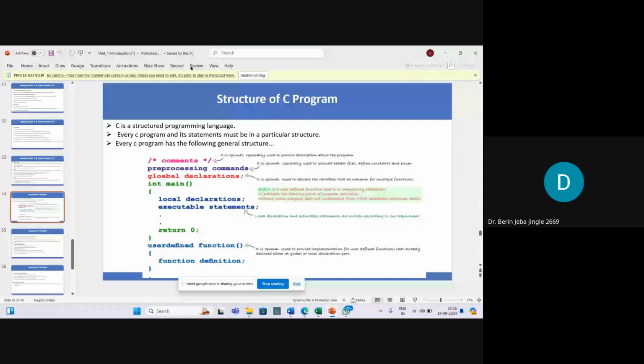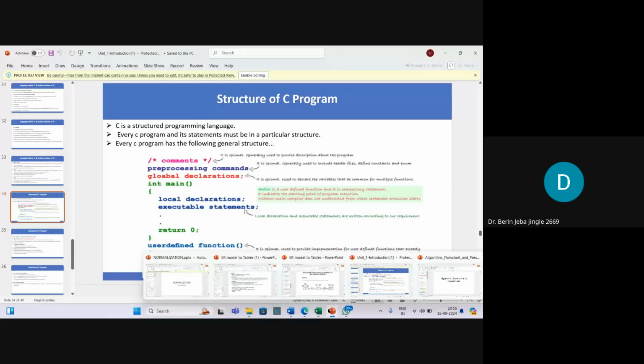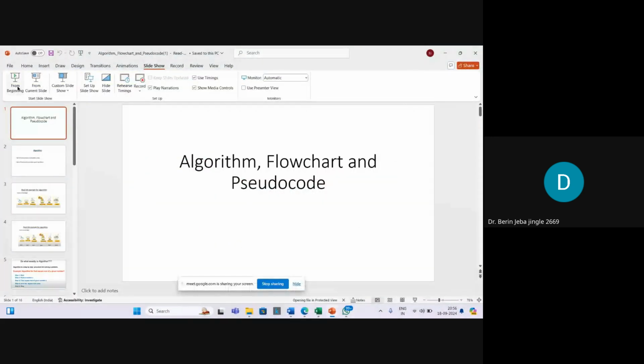No, ma'am, it's still not visible. Okay. One minute, you wait. So, not sharing. Okay. I think now you can see the slide. Can you see now?